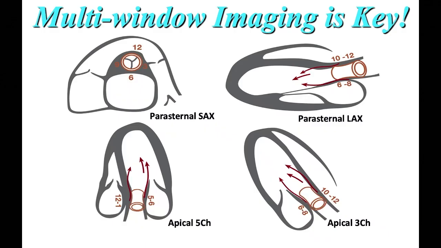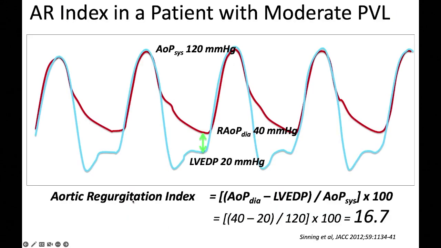So multimodality imaging is the key for analysis of PVL. I think the best one is a transgastric view to look at almost like apical 5 chambers. That'll be good. So AR index can be calculated as well in a patient with moderate PVL. AR index is actually diastolic pressure minus left ventricular end-diastolic pressure divided by the systolic pressure. That's why the diastolic pressure is important.